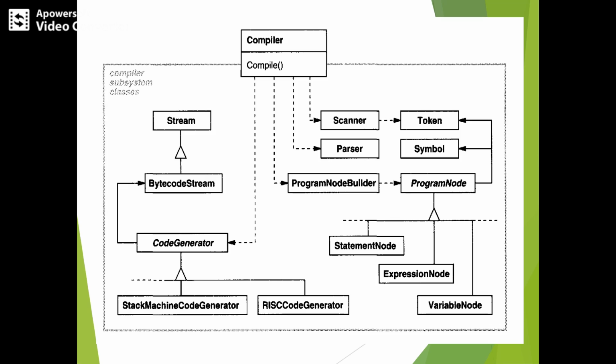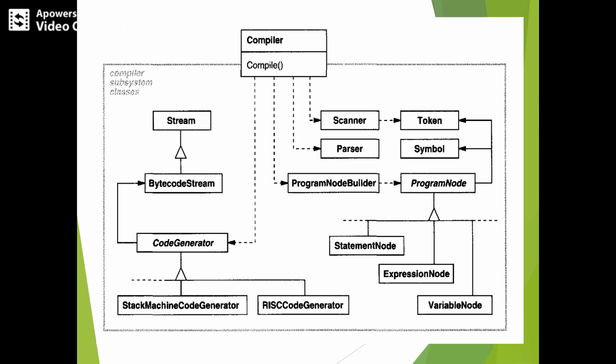The programming environment gives the application access to the compiler subsystem, which we know includes the scanner, parser, program node, bytecode stream, and program node builder. Specialized applications, which need to access these classes directly, can do so without disturbing any other part.